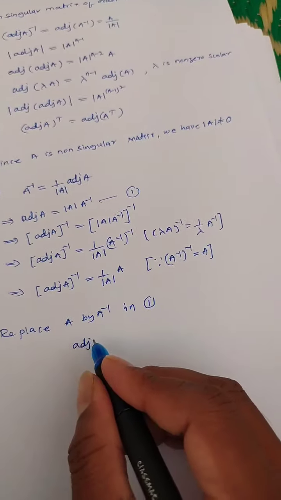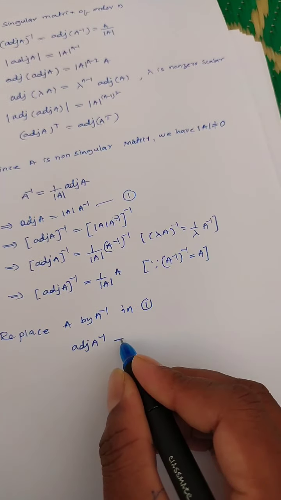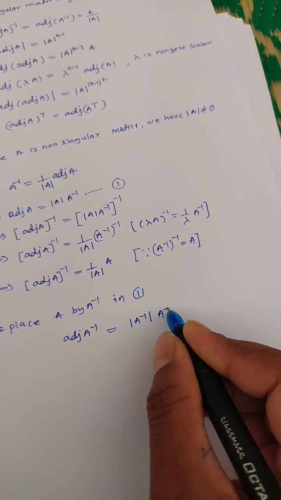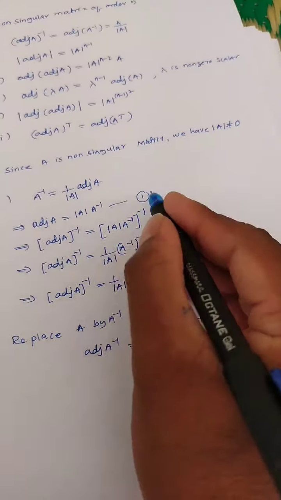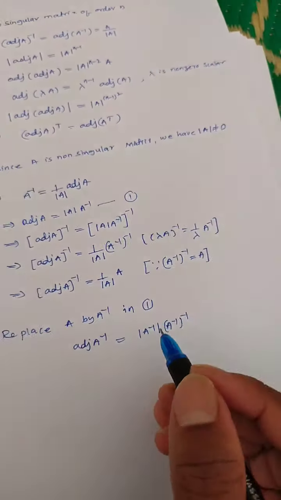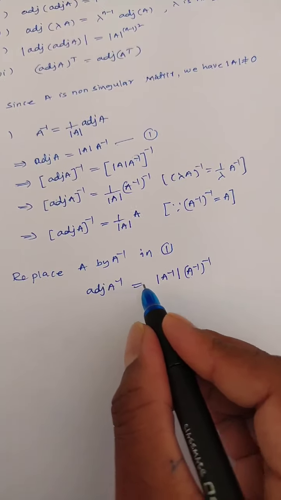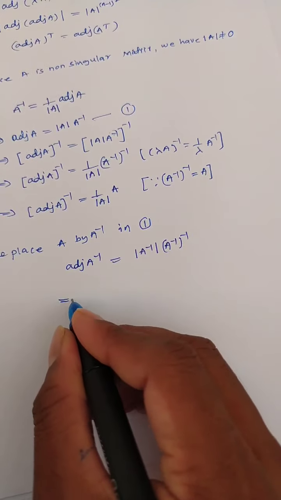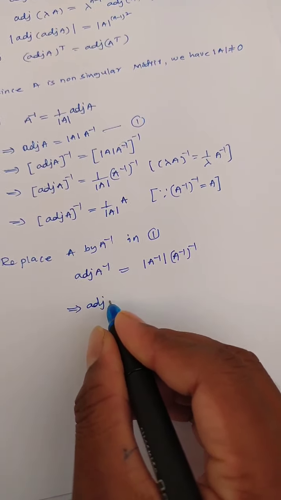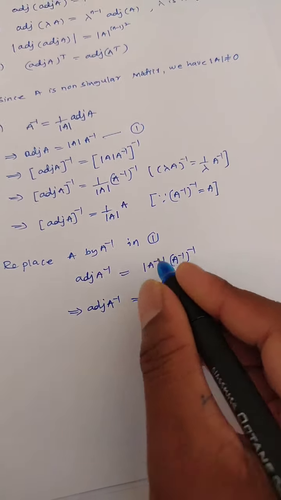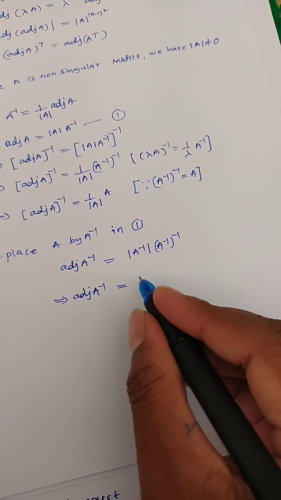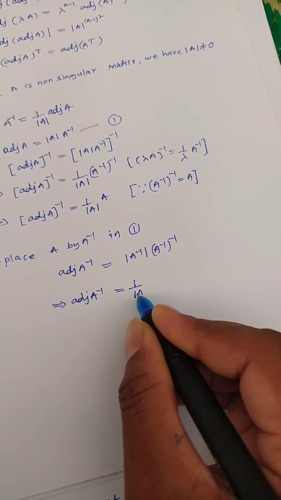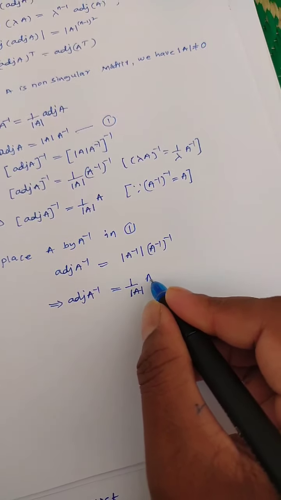In equation 1, in place of A, I am replacing by A inverse. So adjoint A inverse equal to det of A inverse whole inverse. So that implies adjoint A inverse is equal to A inverse whole inverse, and det of A inverse, we know that 1 by det A. A inverse whole inverse, again A.